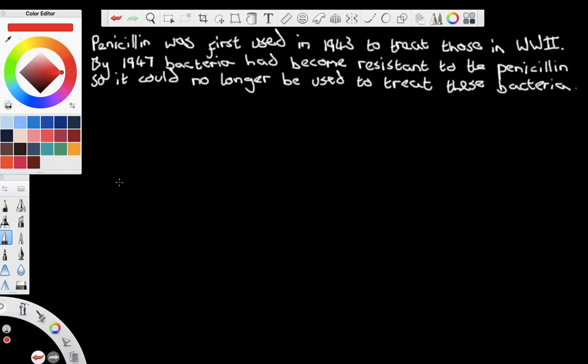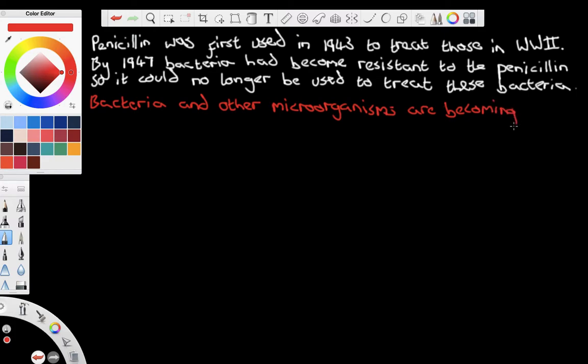So I'm going to put in red, because everything that I put in my lesson in red is a very important point. We can say that bacteria and other microorganisms are becoming resistant to the drugs that have been designed to kill them.